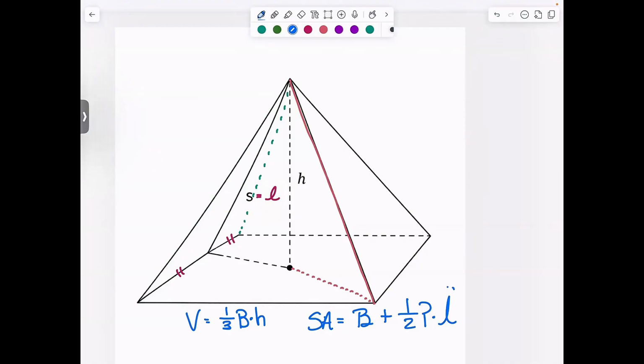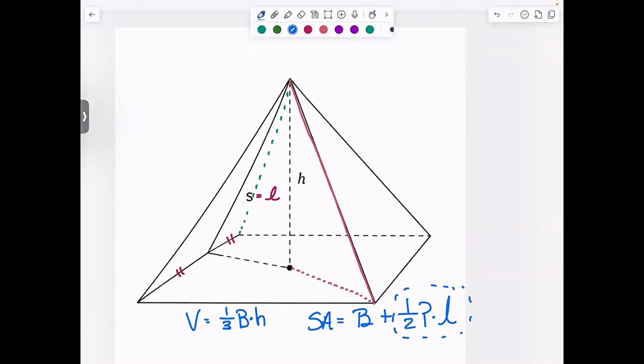So this essentially right here is area of a triangle, but we're simply adding them all together by using perimeter instead of just one base. Hopefully that's intuitive to you, and hopefully that describes the difference between height, slant height, and also edge.